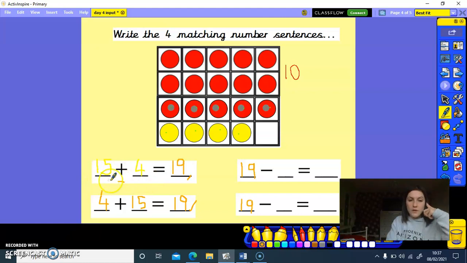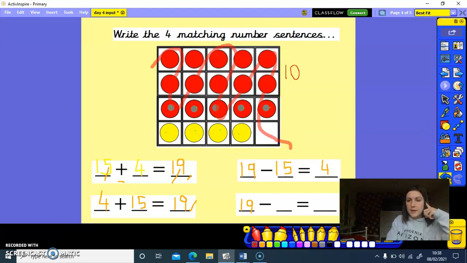Which one should we go for? 15. So I've used my 19, I've used my 15, which means I'm left with 4. Brilliant job. 19, take away 15. If we did that here, this is 19, take away 15, and I'm left with 4.